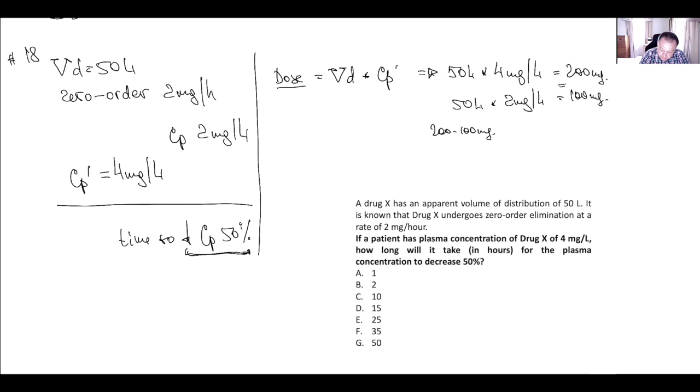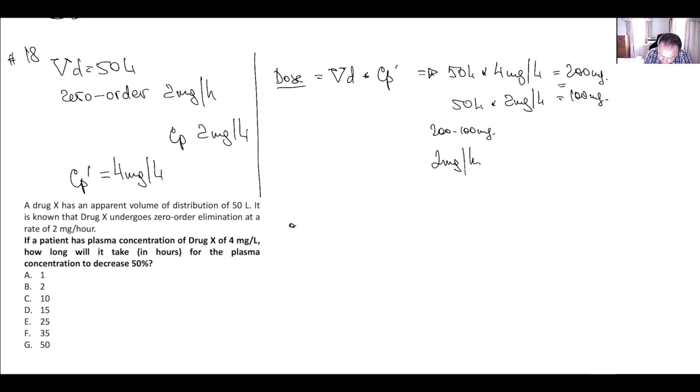And we have an elimination rate of 2 milligrams per hour. If we do a timeline and put 200 milligrams here, each hour the amount of medication will decrease by 2 milligrams.